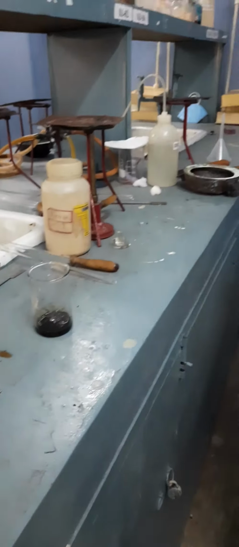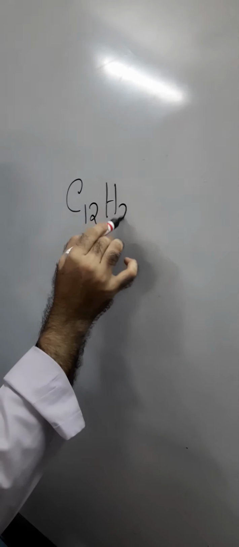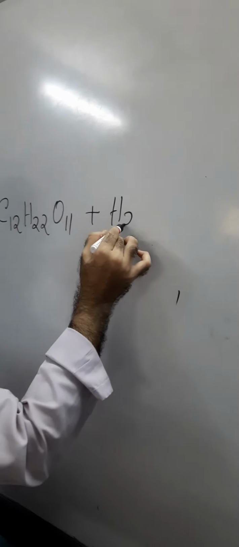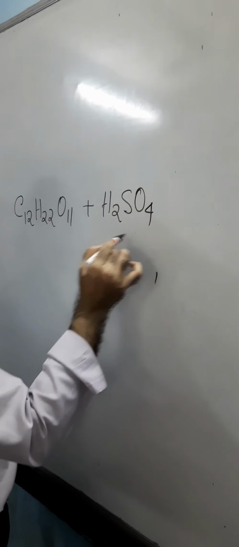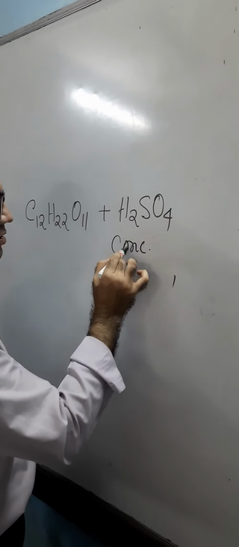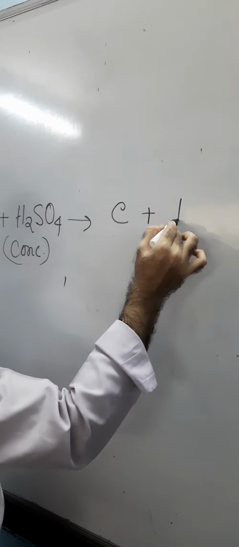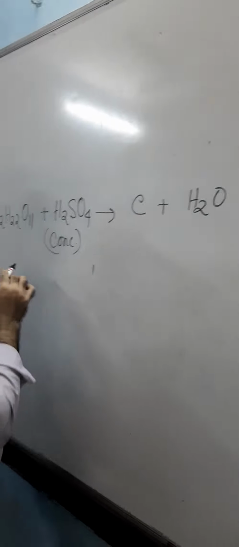If I write the reaction on the board, we know sugar is C12H22O11. Along with that, we add concentrated H2SO4, and what we will get is 12 C plus 11 H2O.